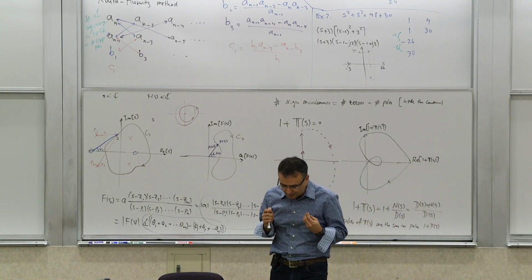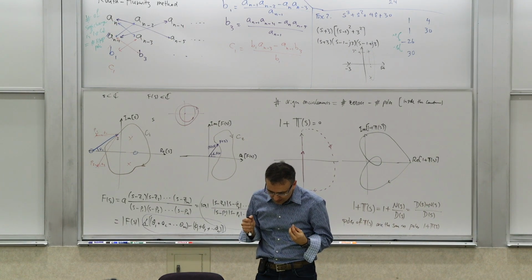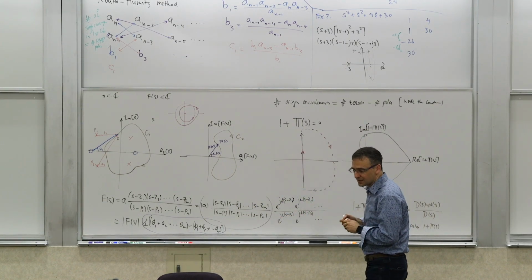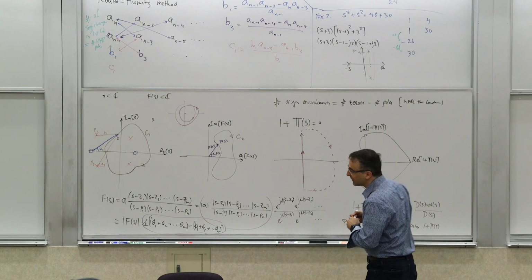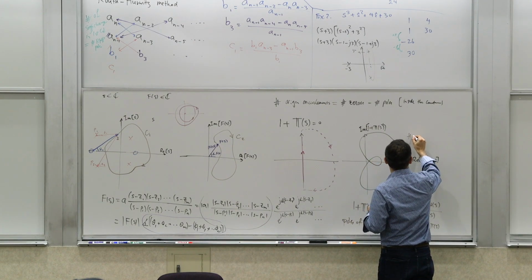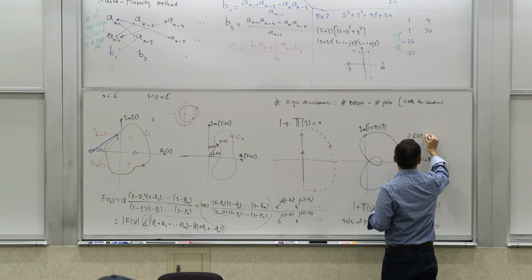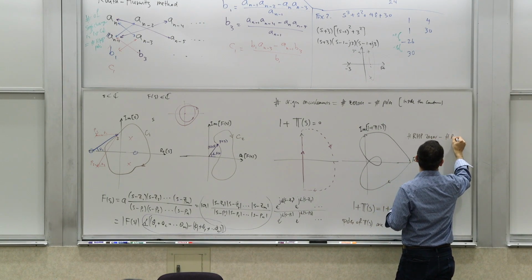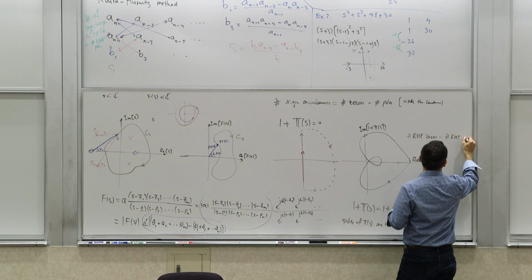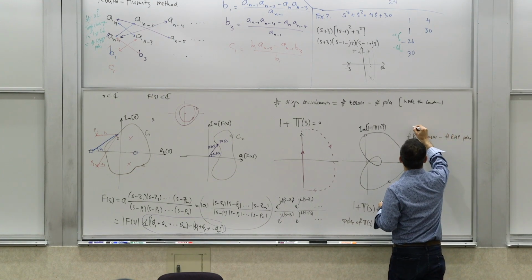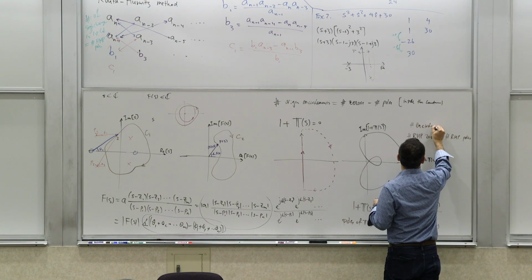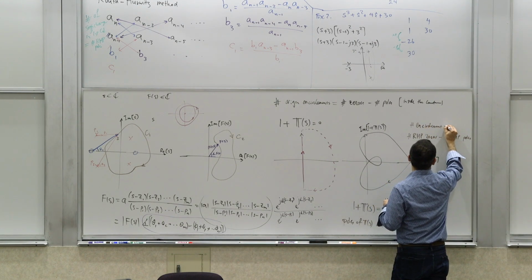So all you're evaluating is that, what we know, the number of encirclements is the number of right half plane zeros minus the number of right half plane poles. So this is the number of encirclements of the origin.